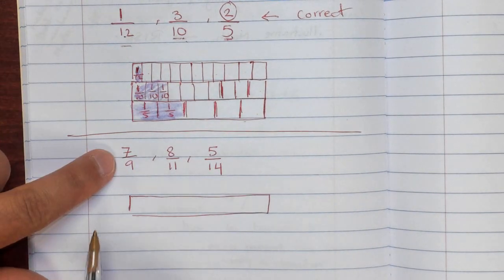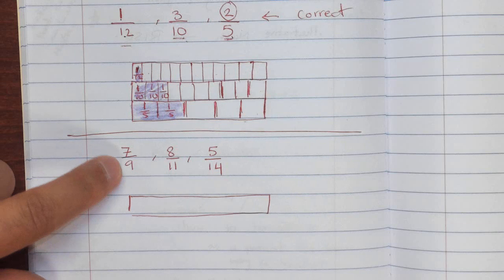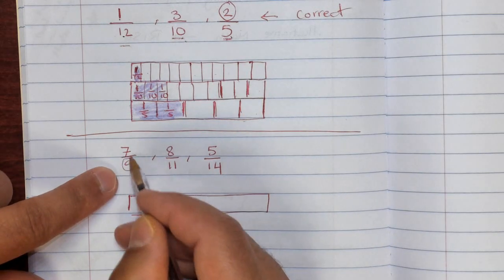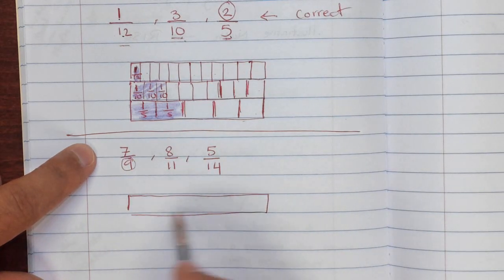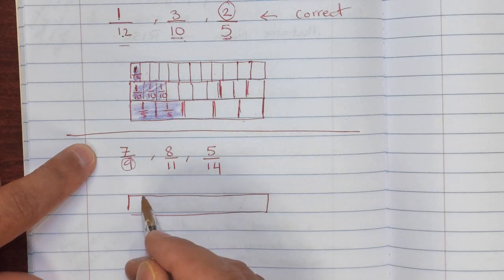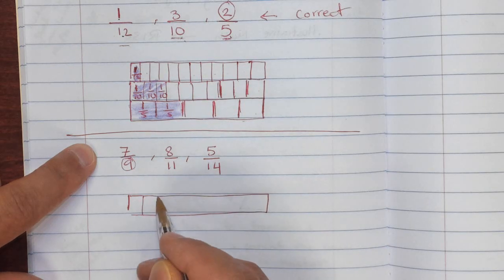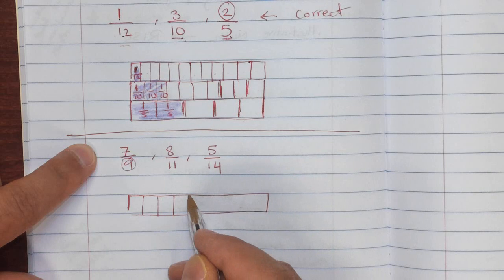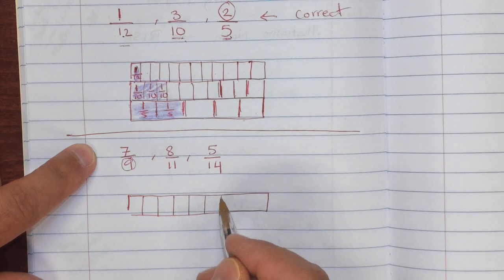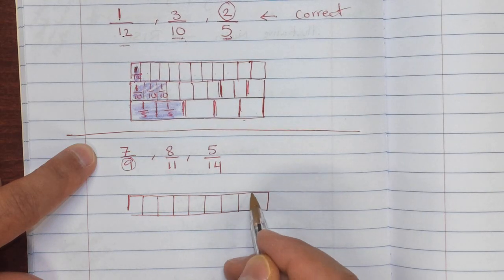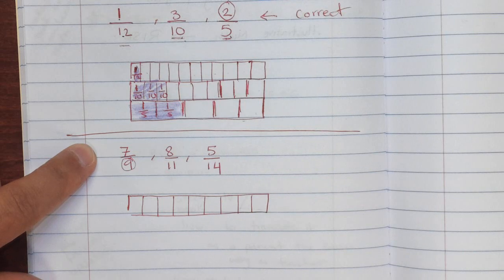Okay, so we're working with the first fraction. How is this whole partitioned? How was it broken? Into ninths. So I'm going to break this into 9 equal pieces. 1, 2, 3, 4, 5, 6, 7, 8, 9.